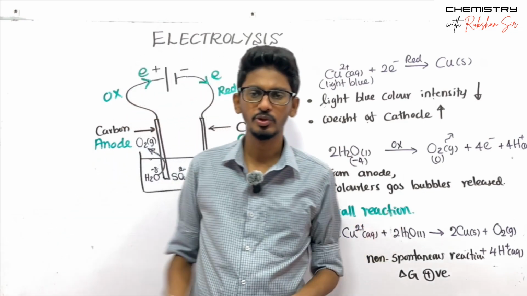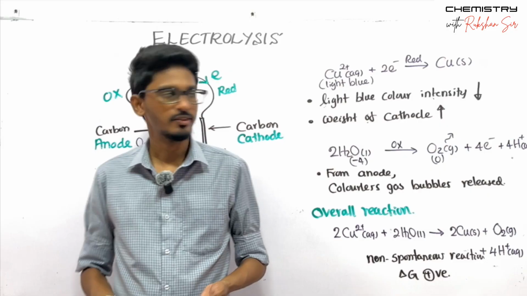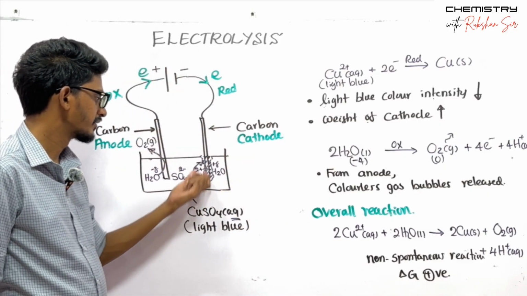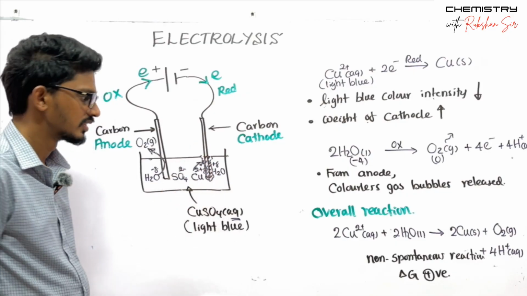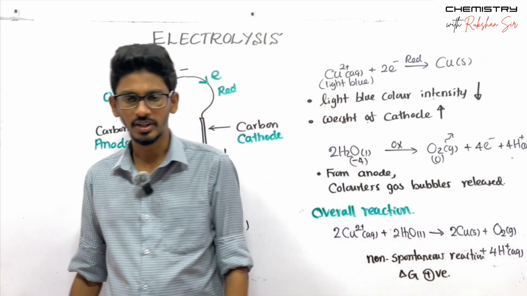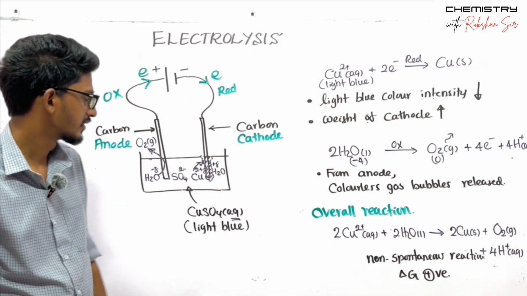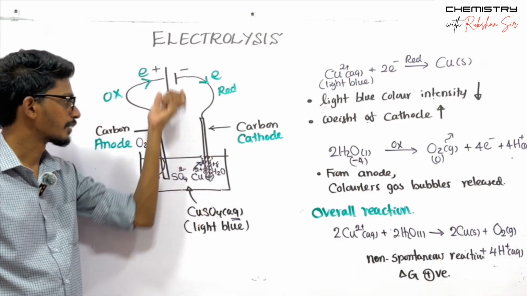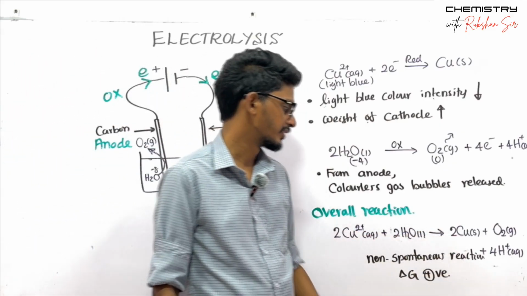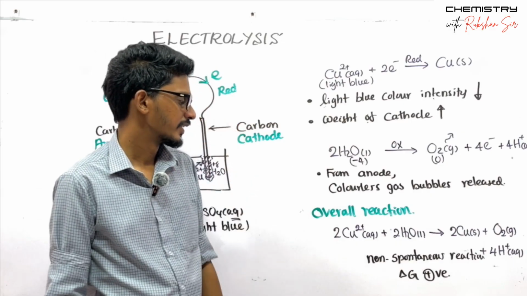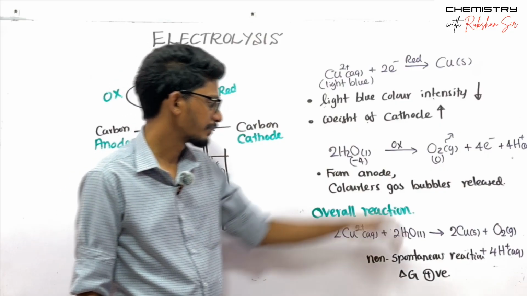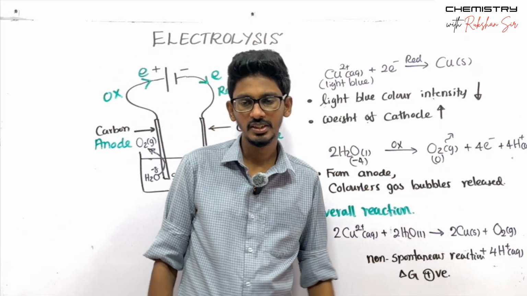If you have a copper sulfate solution and you are not supplying energy from the outside, do you see the copper deposit there? No, that won't happen. That happens only if you supply energy from the outside. So this reaction is non-spontaneous, not happening spontaneously. But if you are supplying energy from the outside, you are able to do this reaction.